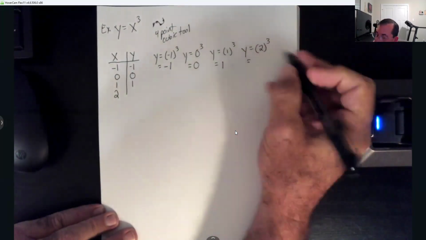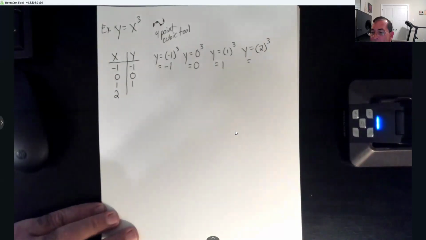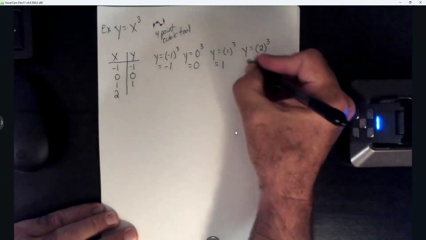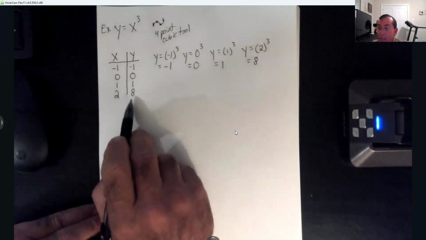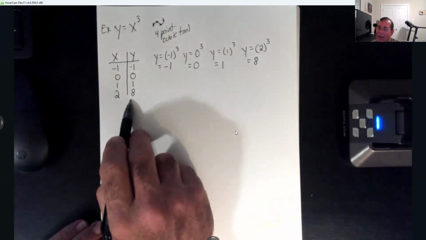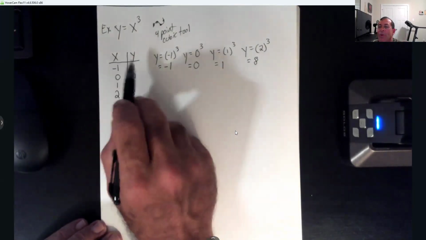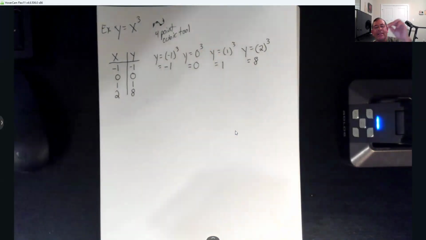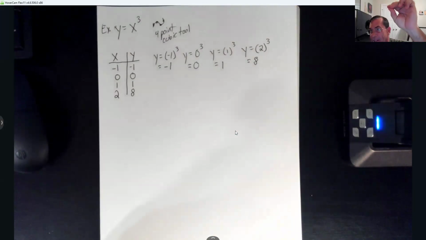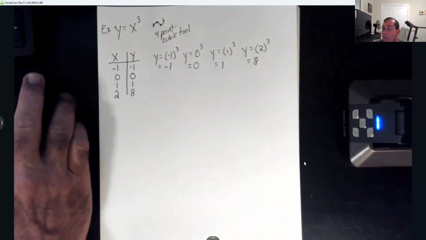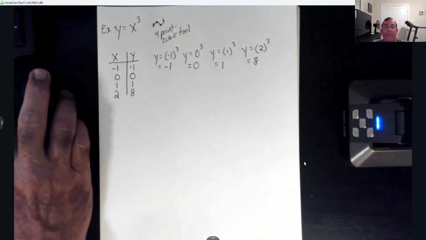So, y'all, what is 2 cubed going to give us? 8. There you go. So 8's the biggest number I got to worry about on this one, okay? Now, I could have used a -2, and that would have gave me a -8. But like I said, them 3s and -3s are going to put you up in 27 range, okay? So that's probably bigger than we care to graph.